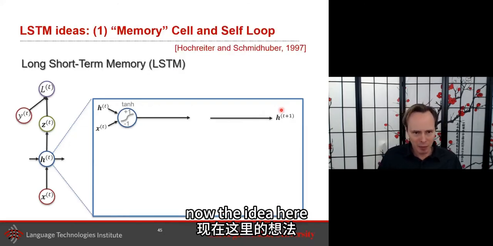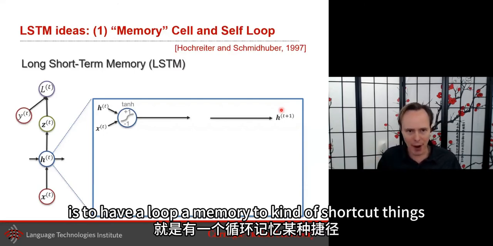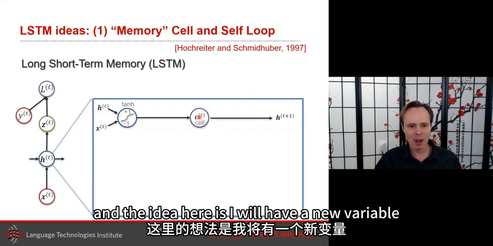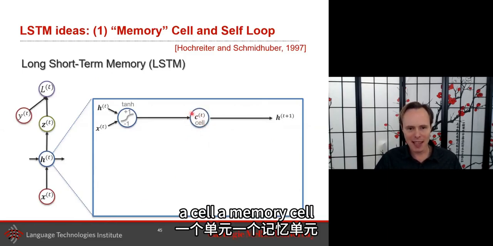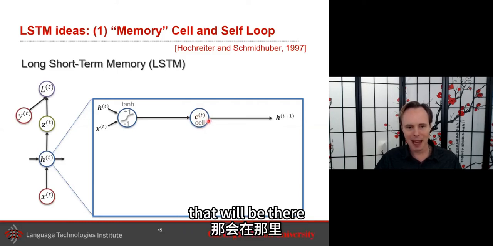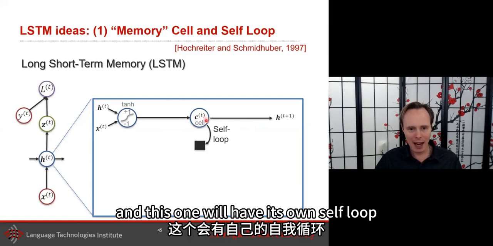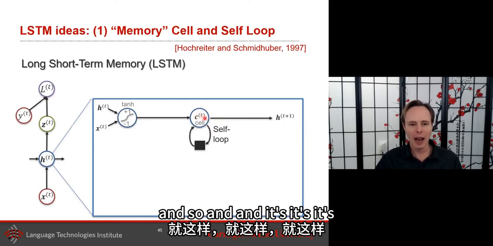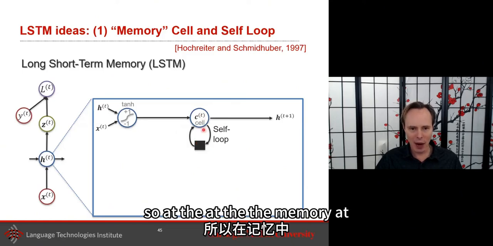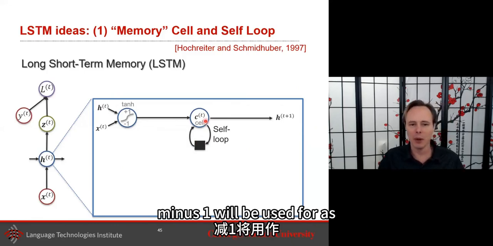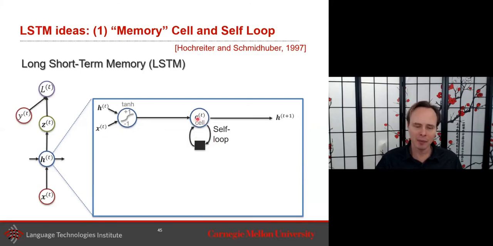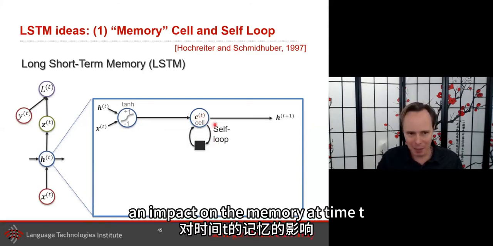Now, the idea here is to have a loop, a memory, to shortcut things. I will have a new variable, a memory cell, that will be there to shortcut from time t to t+1. And this one will have its own self loop. So the memory at t-1 will be used as an impact on the memory at time t.